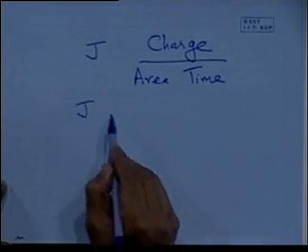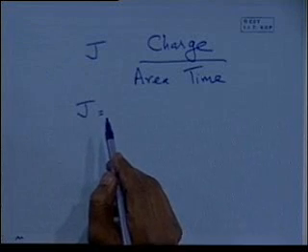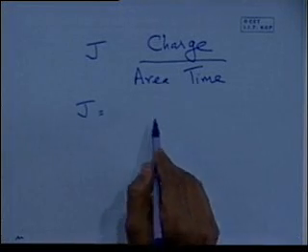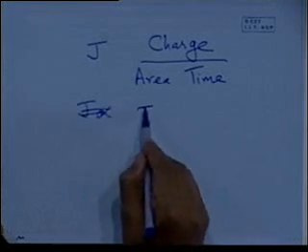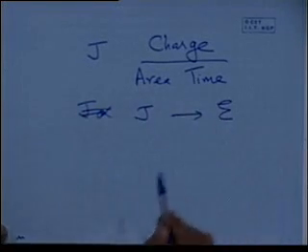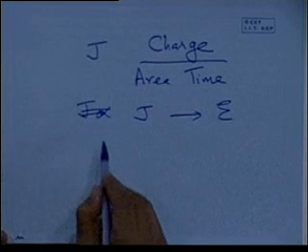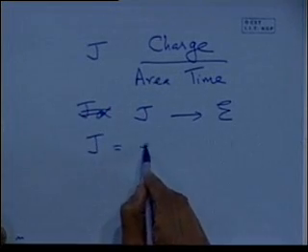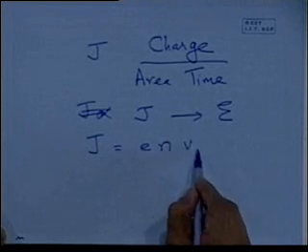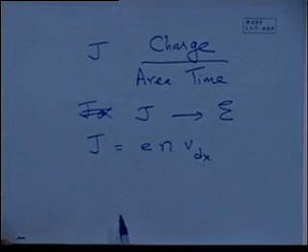And then we were looking for a relationship between J and the applied field. This is what we are looking for. And as part of that, we went through the derivation that J was equal to E, N, and a drift velocity in the x direction.